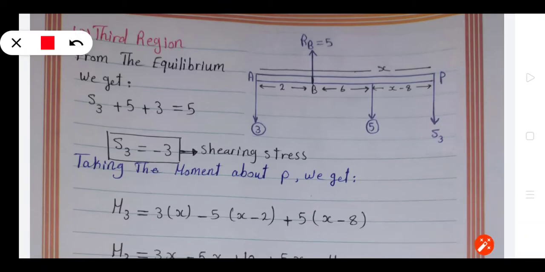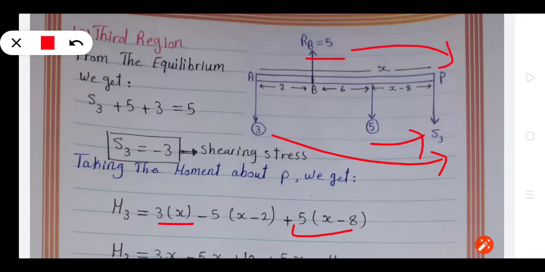Now, 5 is anti-clockwise, so it's positive 5 times x minus 8, and 3 is anti-clockwise, then it's equal 3 times x, and RB is clockwise, it's negative sign, equal M equal 5 times x minus 2.